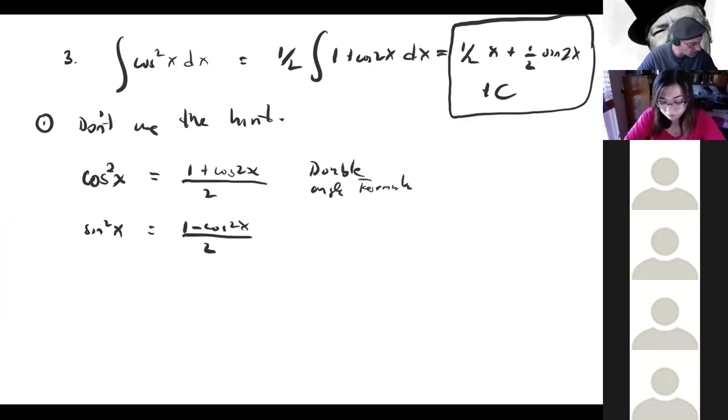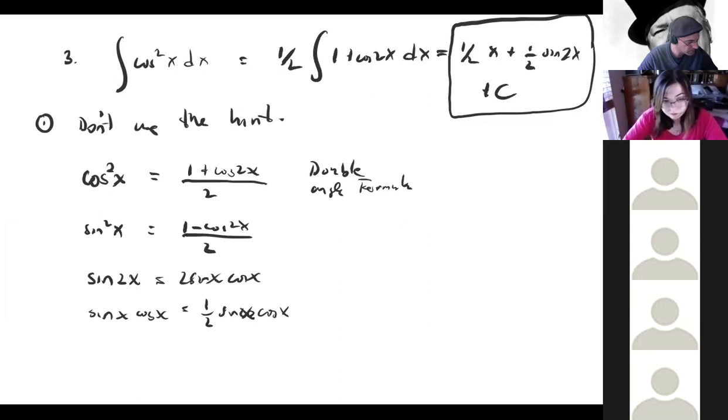But these are the two which come up the most often. There's also one you probably have seen: sine of 2x is 2 sine x cosine of x, right? So you can express sine x cosine of x as 1/2 sine of 2x. I'm sorry, I didn't write that correctly.